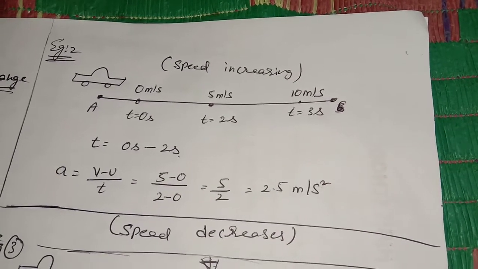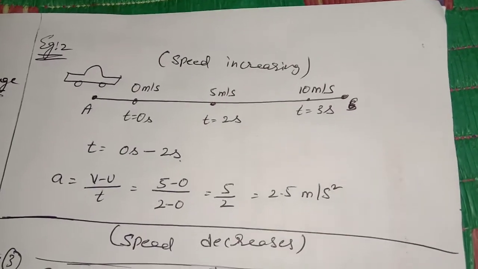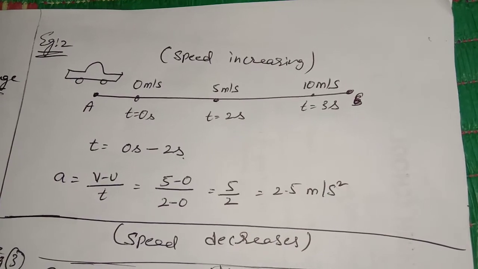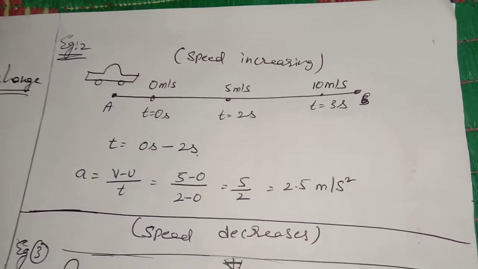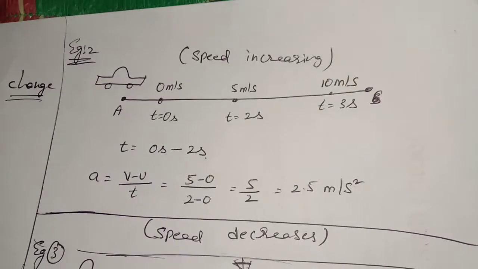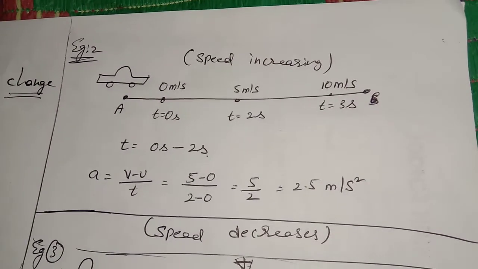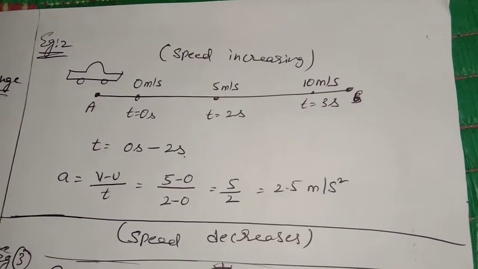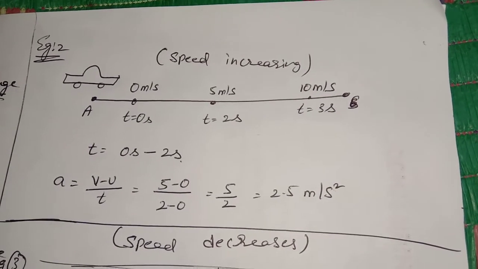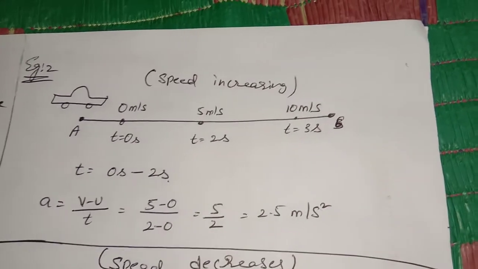Suppose you ride vehicles, children? Yeah. When you are riding vehicles, you will accelerate, right? You will accelerate means the rate of change of velocity will be increasing. When you are accelerating the vehicle, the speed will be increasing.